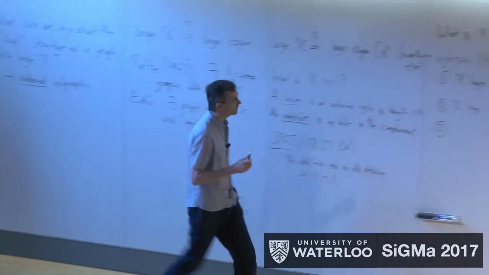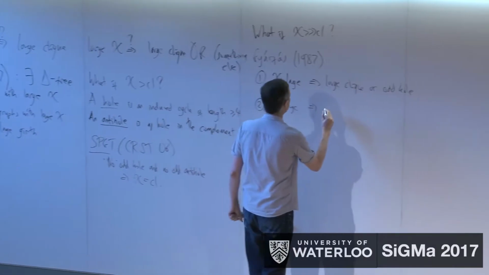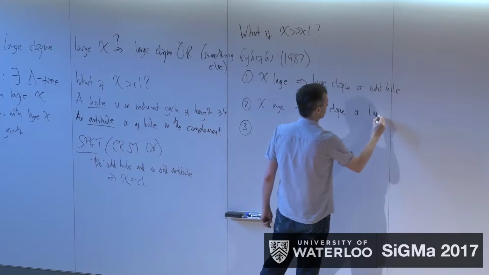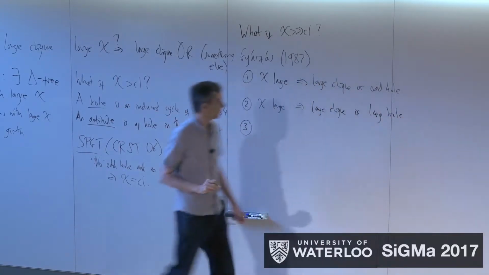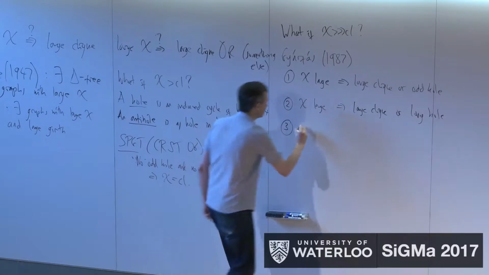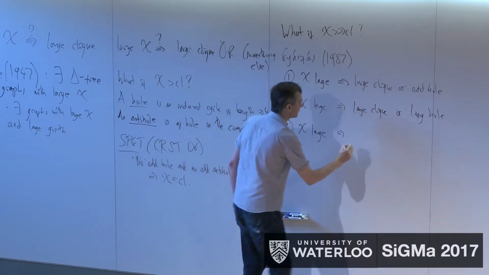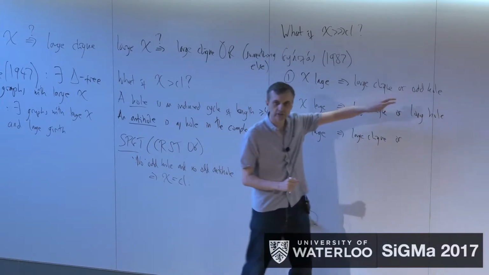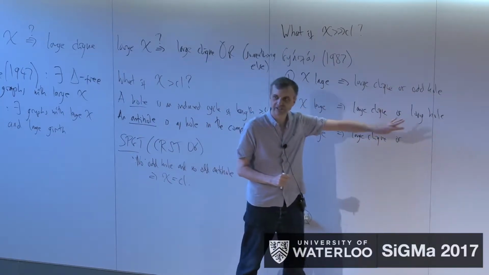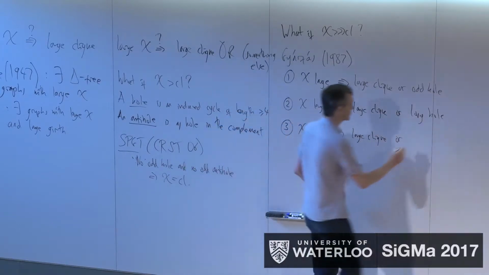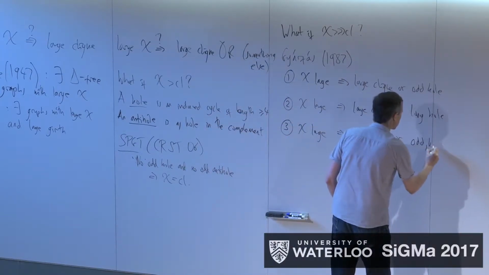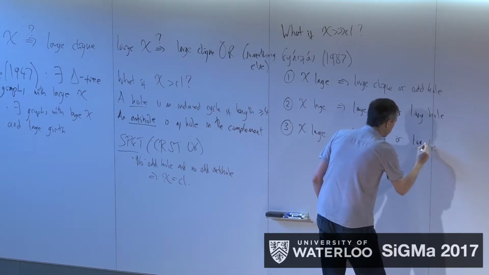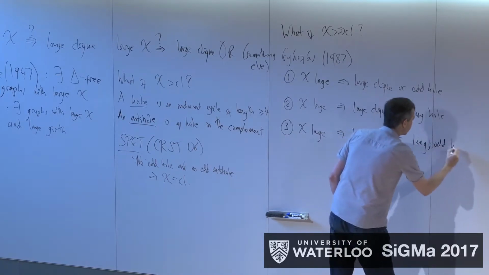So the second one was chi large implies large clique or long hole. And then the third one: he conjectured odd hole, he conjectured long hole, and then he put them together and said, here's even more of a challenge, what about a long odd hole?